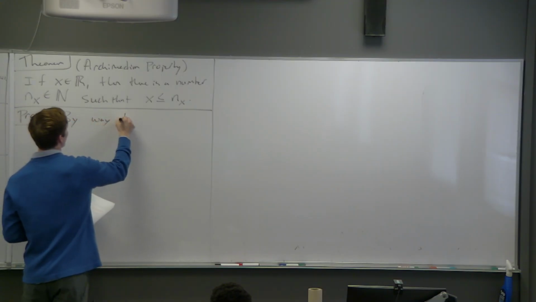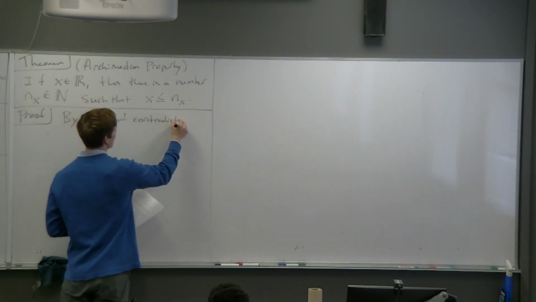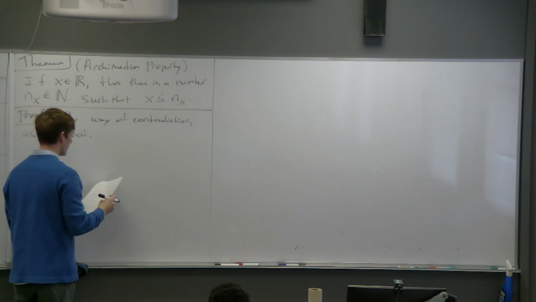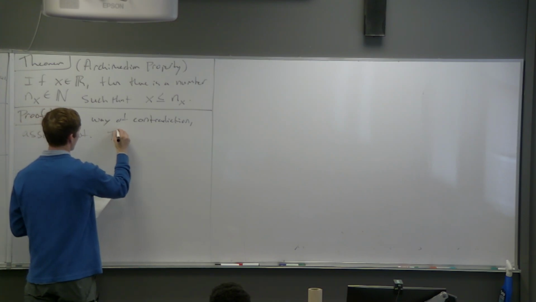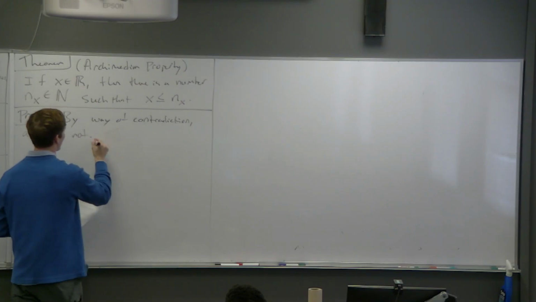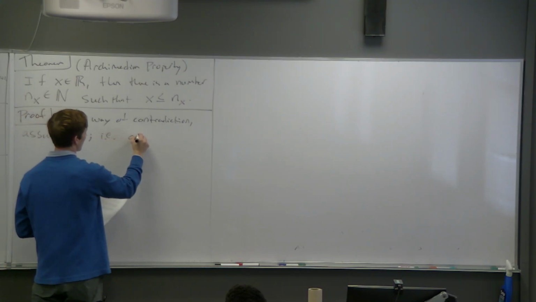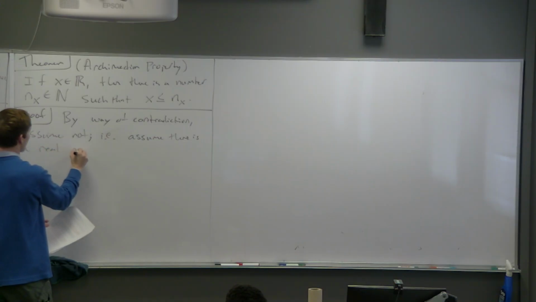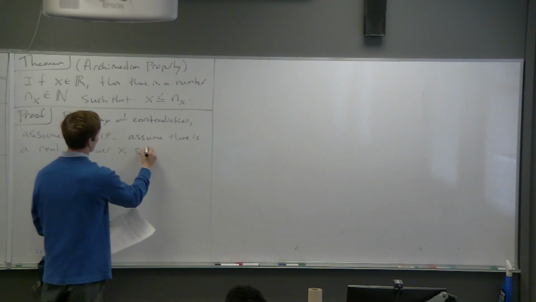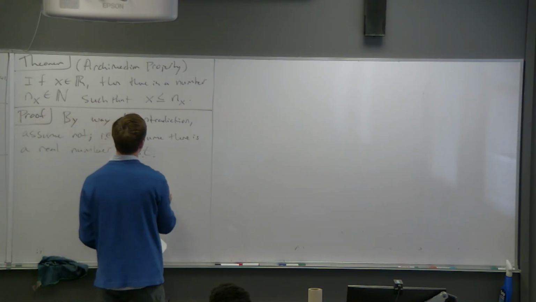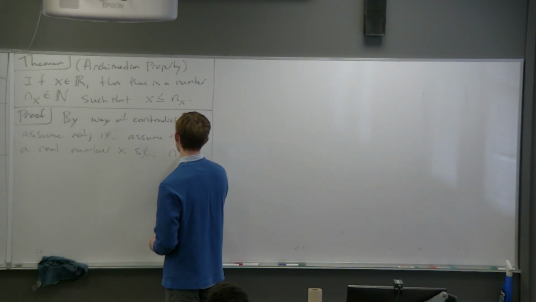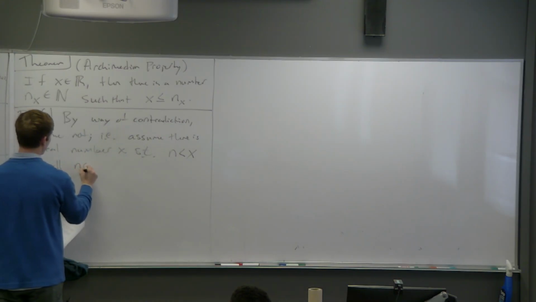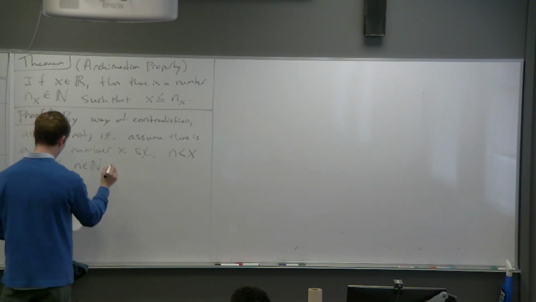By way of contradiction, assume not. I'll even make it clear, i.e., assume there is a real number x such that n is less than x for all n in the naturals.